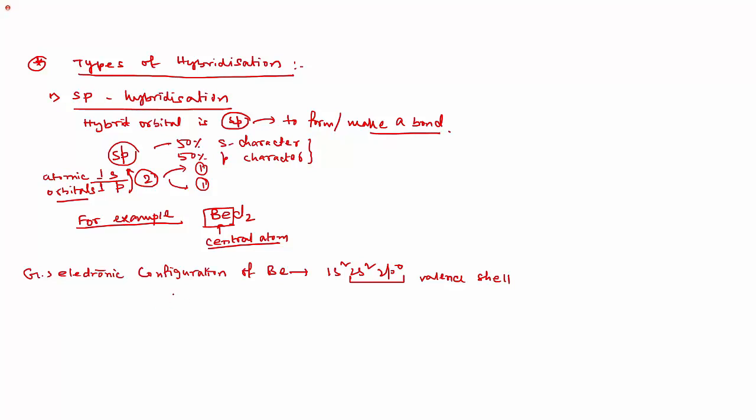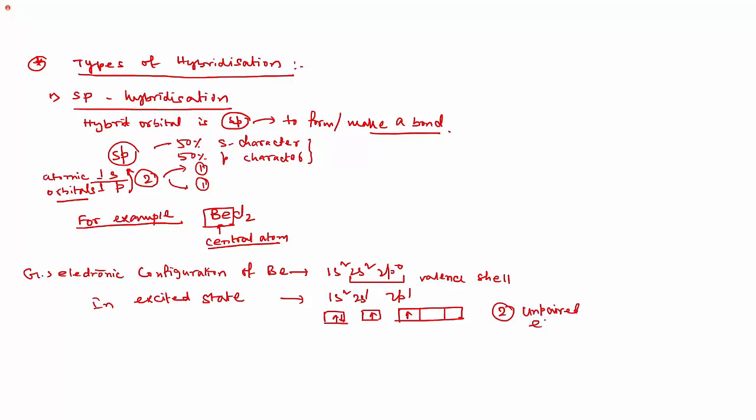Now, in the excited state, what will be the electronic configuration? 1s2, 2s1, and 2p1. In the excited state there are two unpaired electrons.